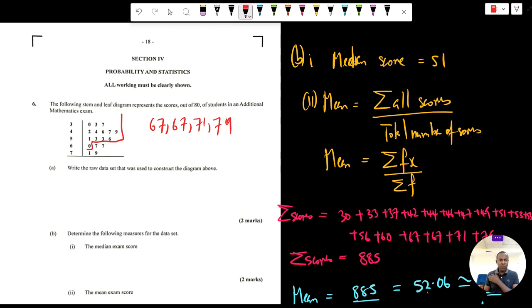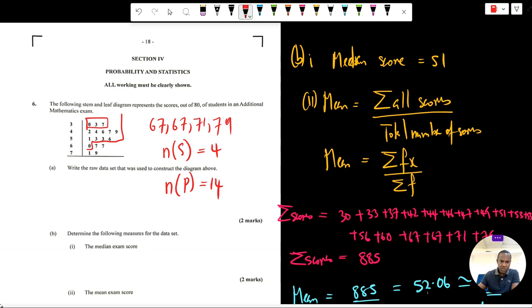So 4 students scored over 60, and therefore n of S would be equal to 4. Now, how many students have passed? We already established that 3 students failed from a previous part of the question, and therefore 3 from 17 leaves 14. And therefore, the number of students who have passed is equal to 14.